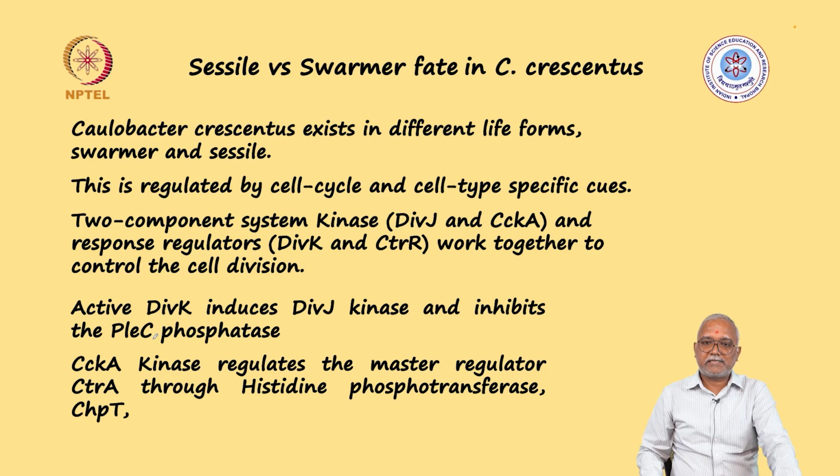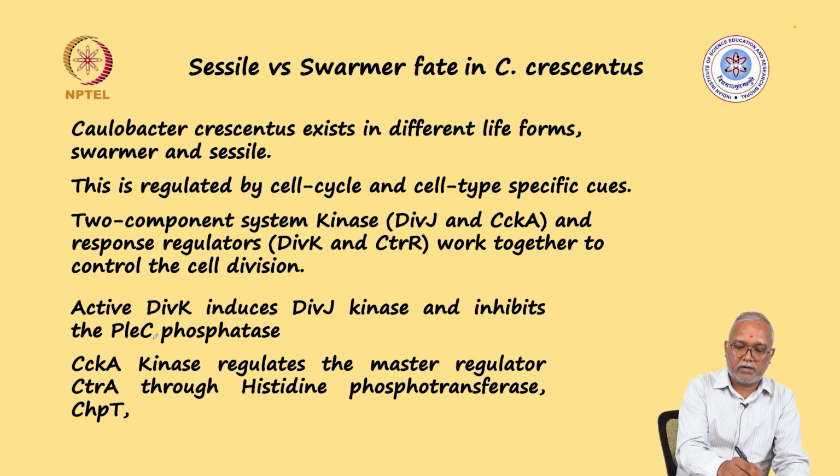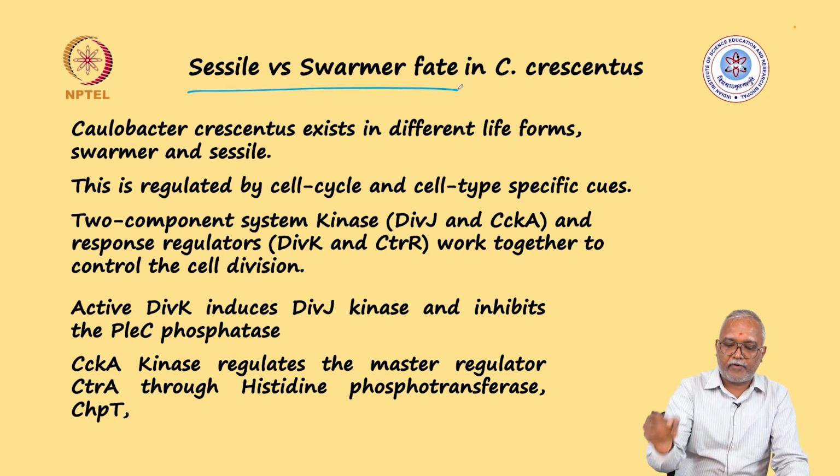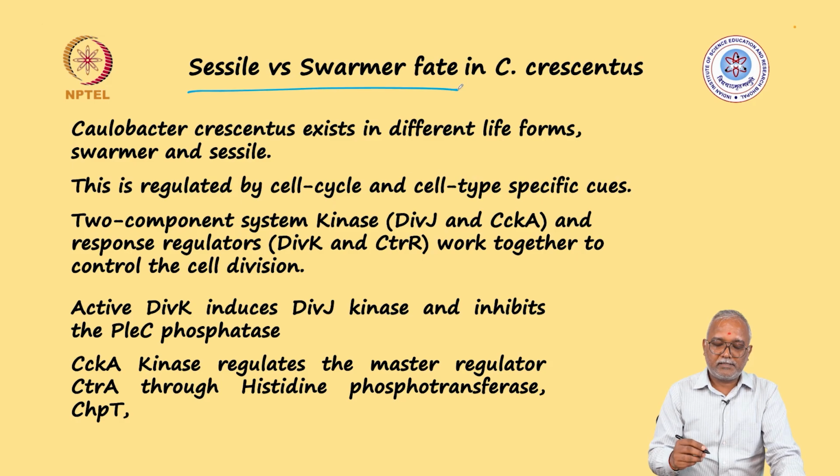If we take another example of where two component system is working, it is about the life form fate. Some bacteria do exist in different life forms, in the sense as free living and tethered to something. We saw in biofilm, they were tethered to something, making a biofilm.